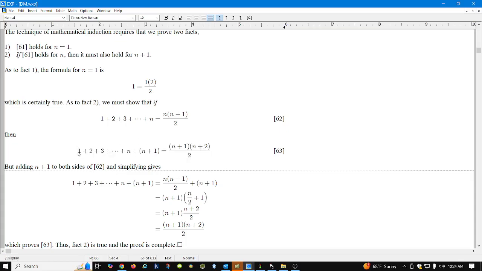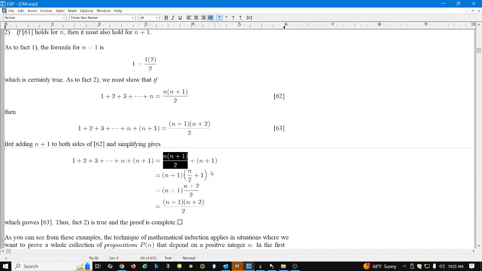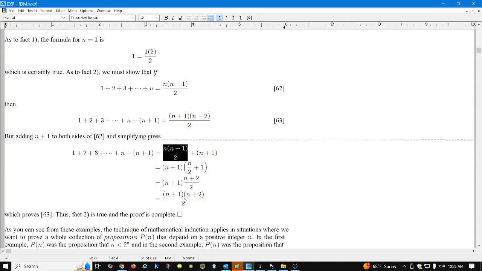Well, you can see here this same sum that appears above, so we can replace what I've highlighted by this. And that's exactly what I did here. I still have the n plus 1. The rest is algebra, and I will get this.